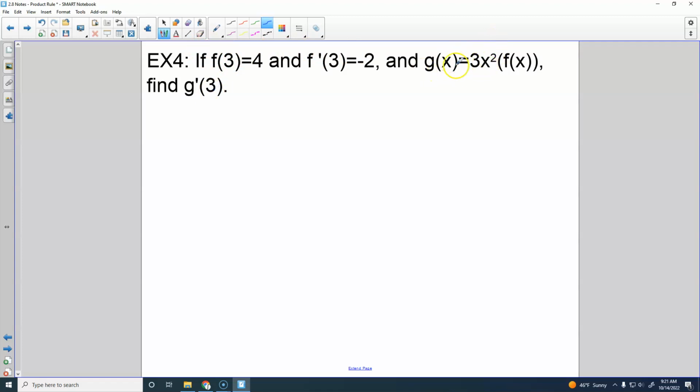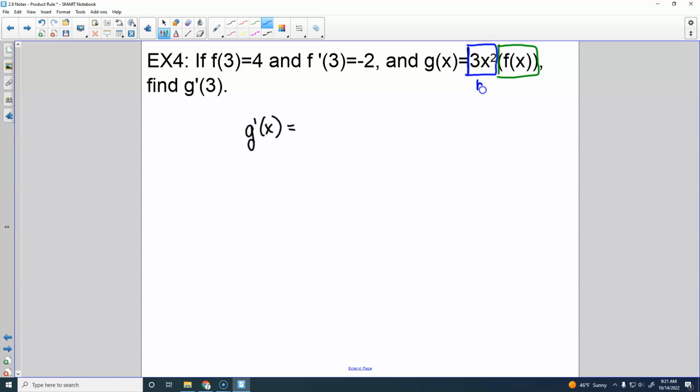So whenever we're looking at g of x equals 3x squared times f of x, this is one you definitely have to use product rule on because you've got 3x squared, which includes an x, times this mystery function that is just called f of x, right? So for this problem, when we do g prime of x, I don't want to call these f and g like I did on the last problems because they're using f and g here.